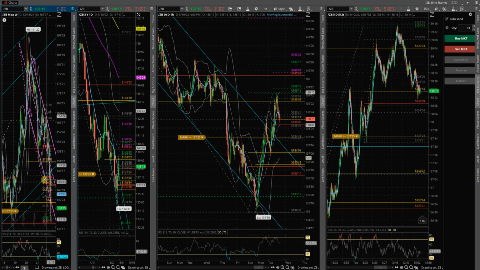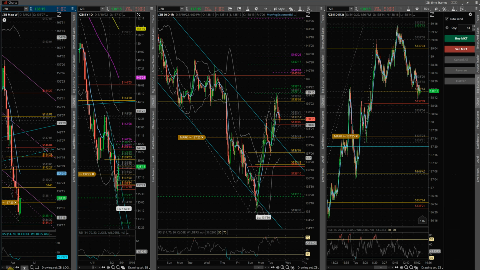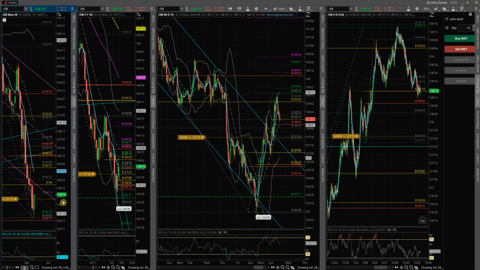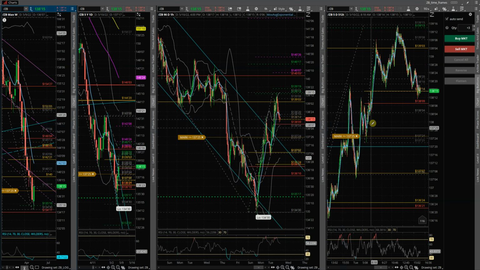Divergences everywhere, targets hit on all time frames, complete waves. The channel is broken, this channel right here, and we're now going to be buying pullbacks. This does look impulsive off the bottom. The alternative is that it's some sort of 3-wave correction.